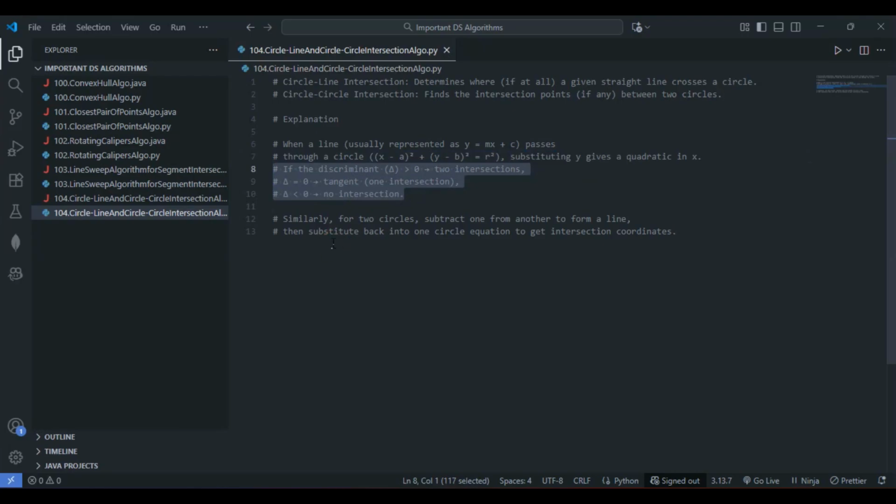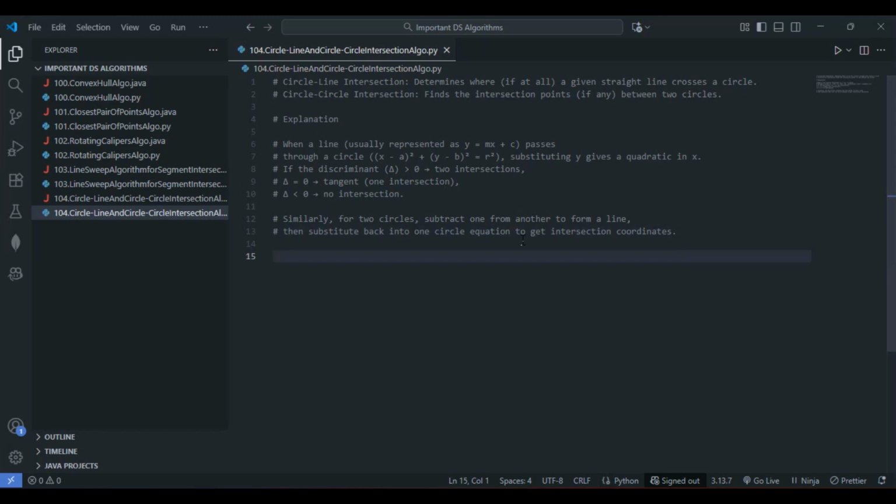This is very important. Similarly for the circle-circle intersection, we subtract one from another to form a line, then substitute back into one circle equation to get the intersection coordinates.